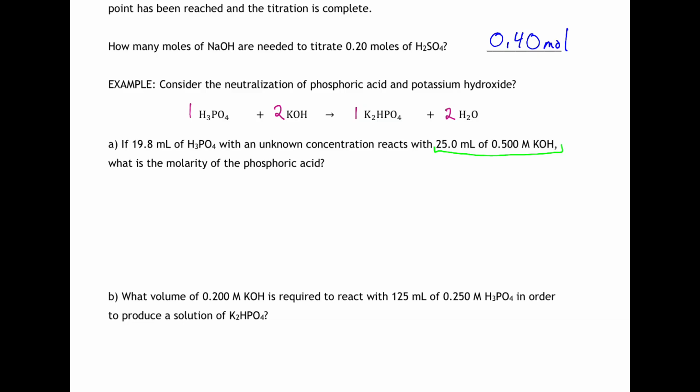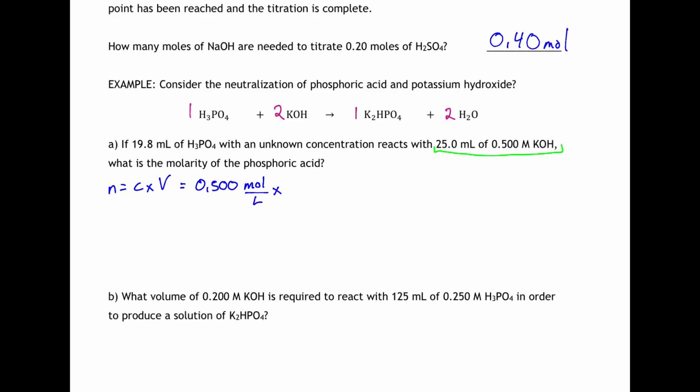So that's n. So we're doing the math for n. n is equal to C times V. Almost got that backwards. So C times V is my concentration. What's the concentration of this particular compound? It is 0.500 moles per liter.